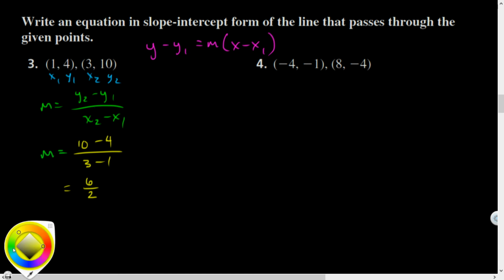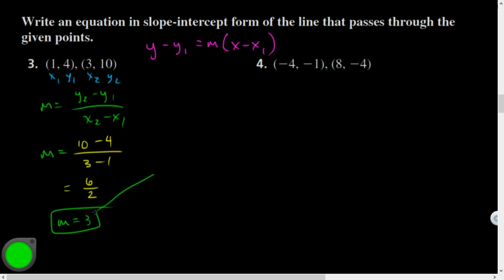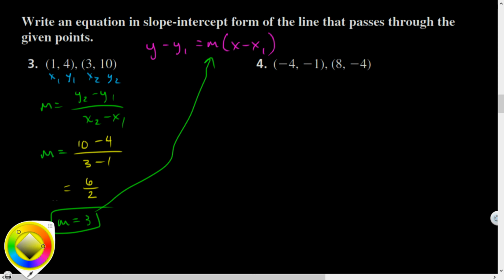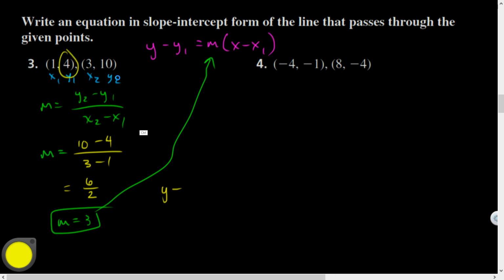So I get m is equal to 3. I'm going to plug that in for m here. Shh, gentlemen, no pack up yet. So now I'll write y minus 4 equals m, which is 3, times x minus 1.